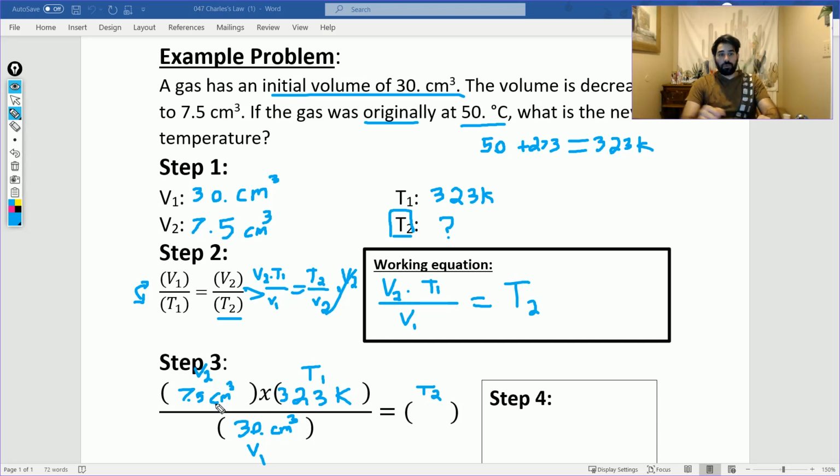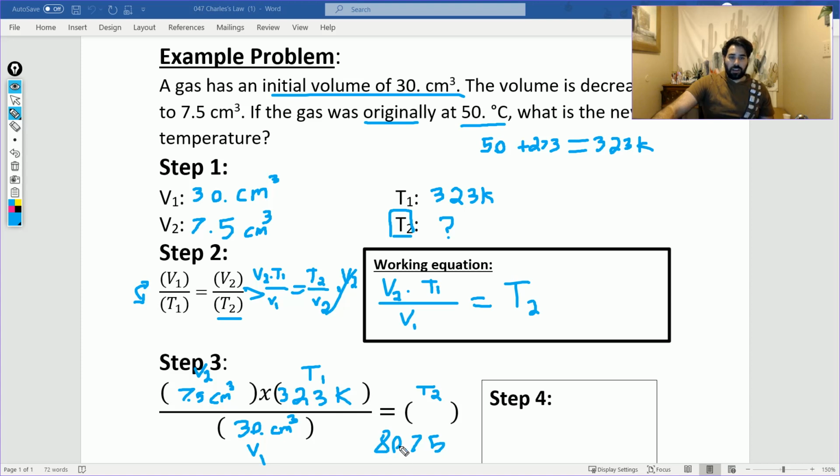We put 7.5 times 323 divided by 30. And the answer we get is 80.75. And something you always want to remember, a lot of people are still forgetting this: you don't want to just put the answer as 80.75 for 2 reasons.